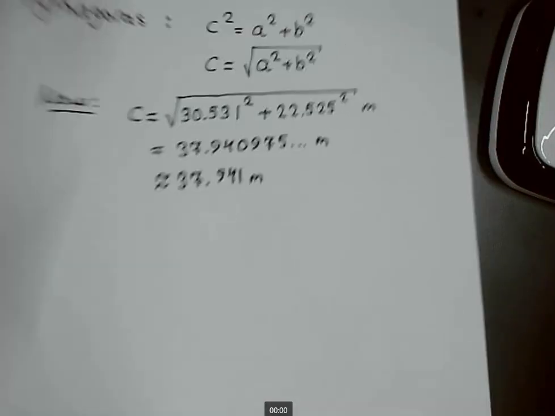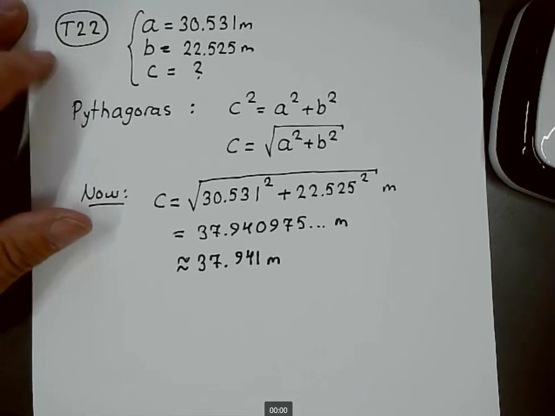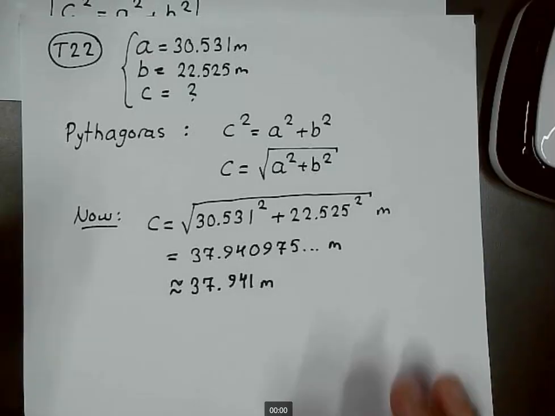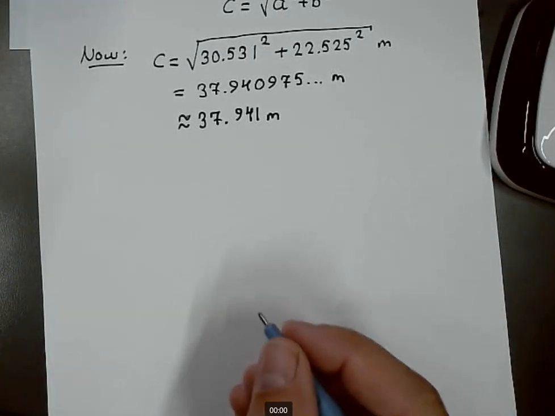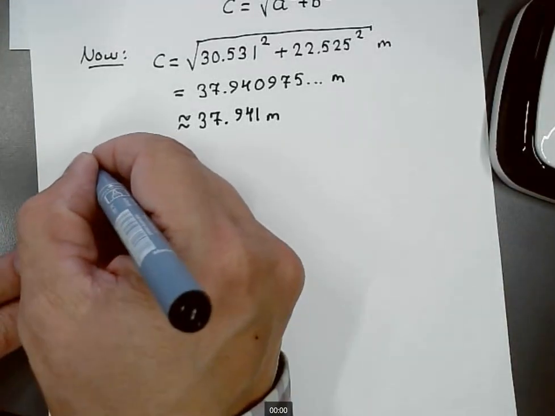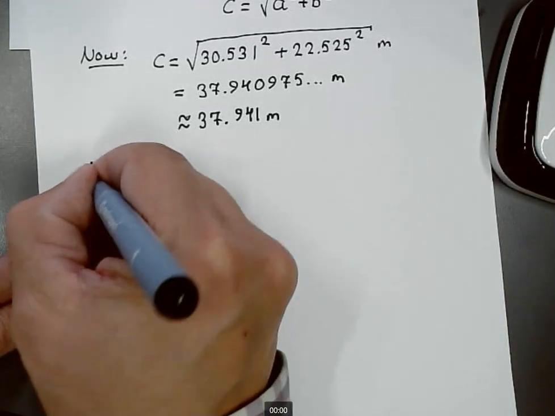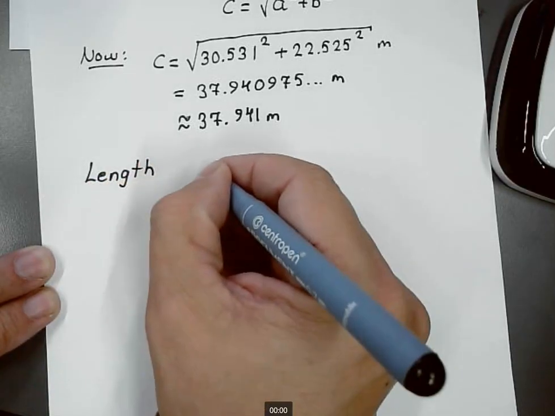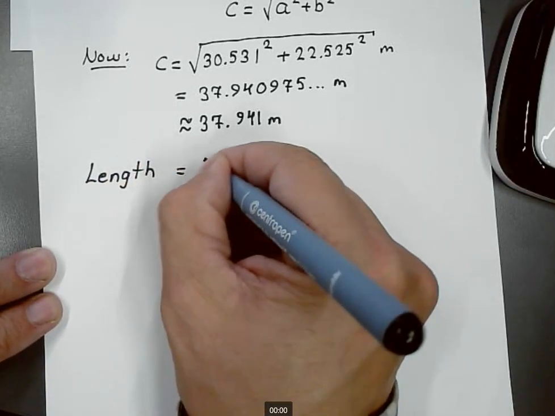Okay, these were cases where from the right angle triangle you knew the lengths of two sides. By the way, the word length, this is in Finnish pituus.